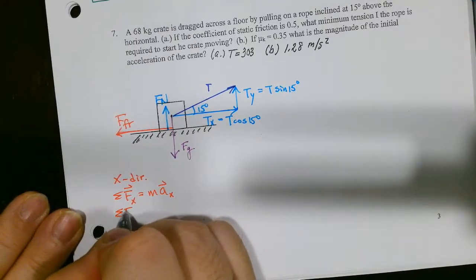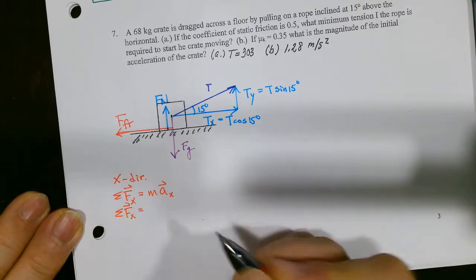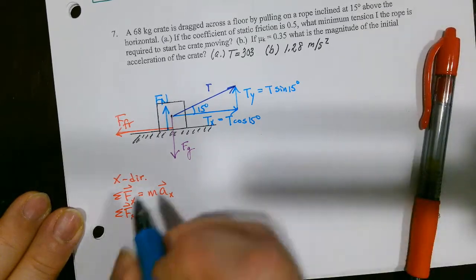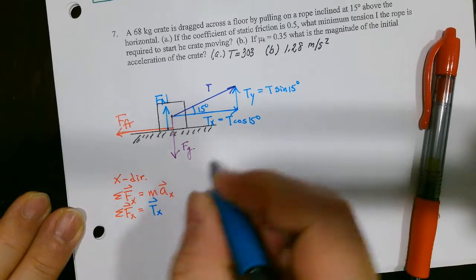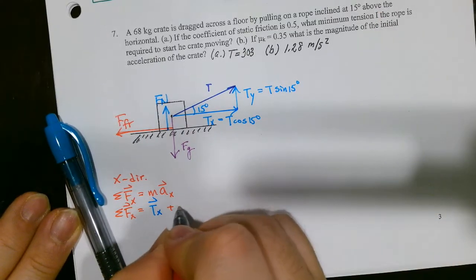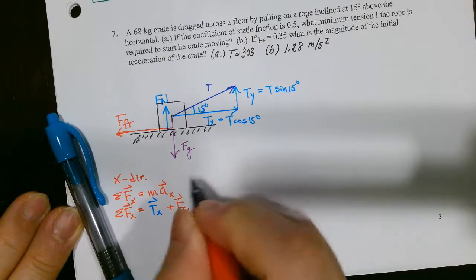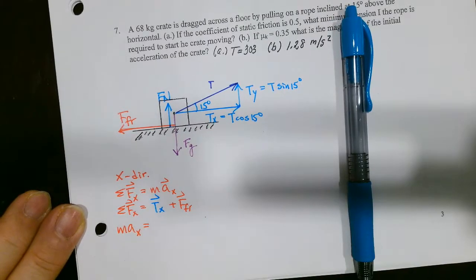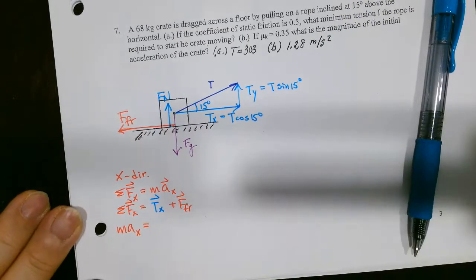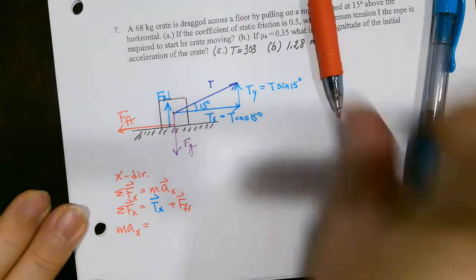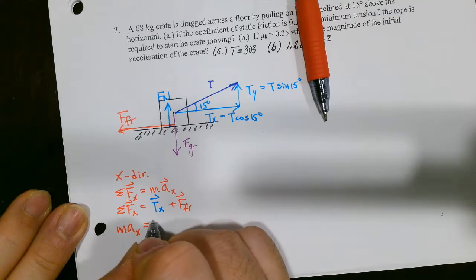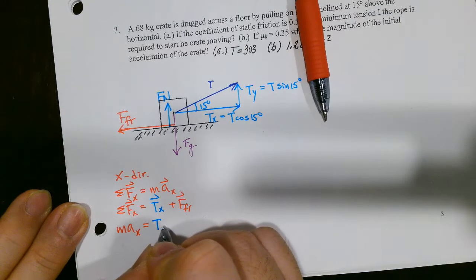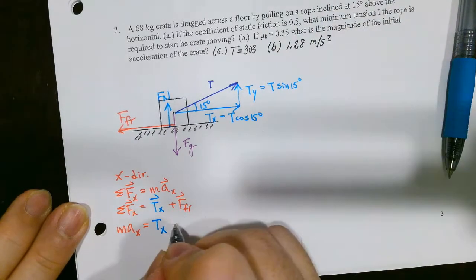Of the forces in the x direction, I have two forces, which are simply Tx plus friction. So max is equal to Tx minus friction.